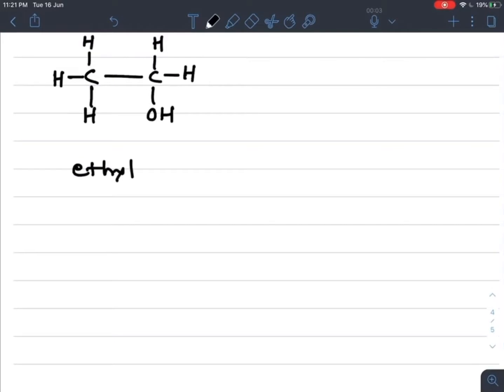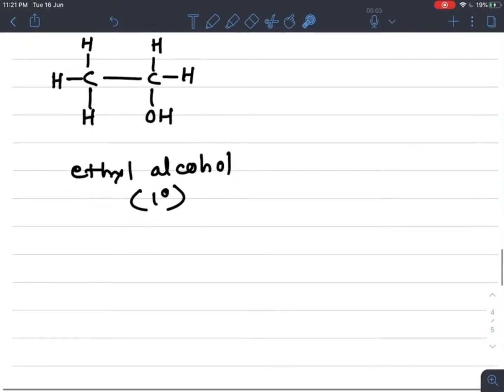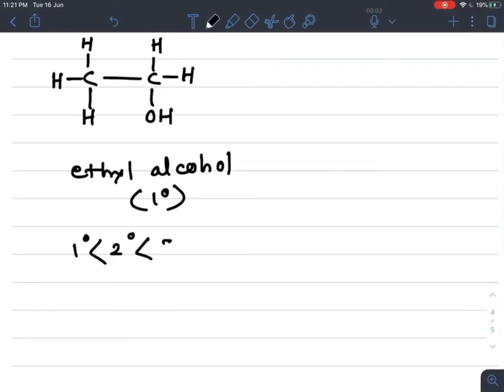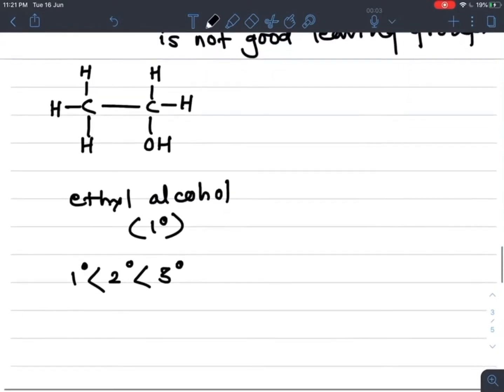Ethyl alcohol is a primary alcohol because this is the primary carbon, directly attached to only one other carbon atom, to which the OH group is attached. So ethyl alcohol or ethanol is a primary alcohol. You know about the reactivity order of this alcohol. These primary alcohols are less reactive than secondary and tertiary, so its requirement is higher than secondary and tertiary.